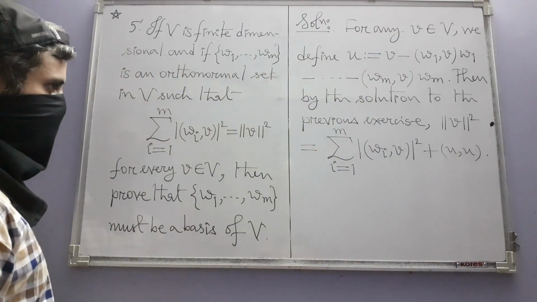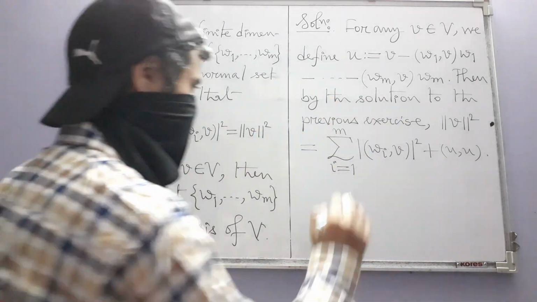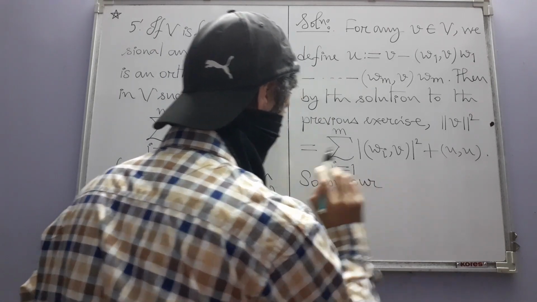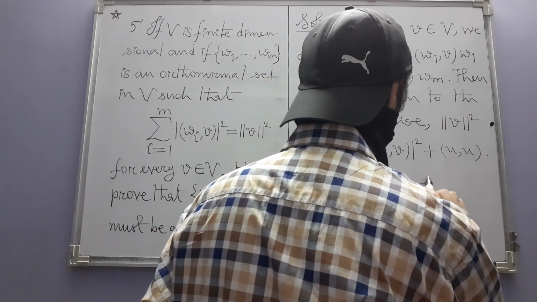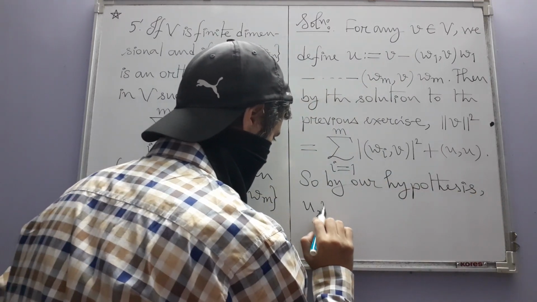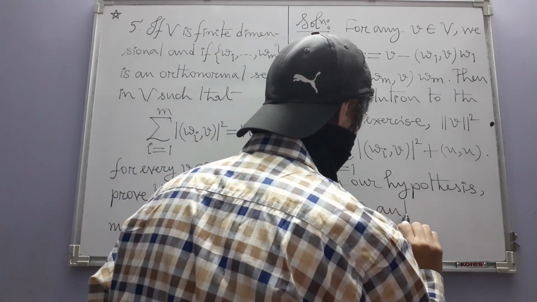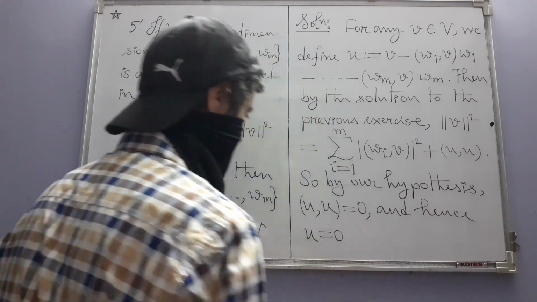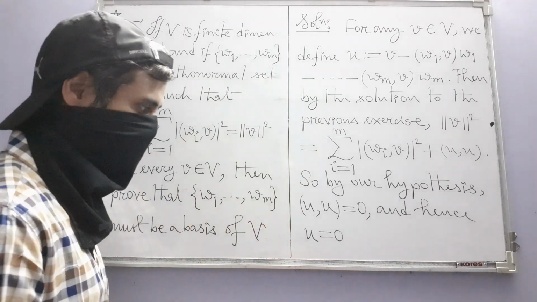But now what is given? It's given that this thing is equal to the square of the norm of V. So by our hypothesis, that is this part, the inner product of u with itself is 0, and hence u itself must be equal to 0 from the axioms that we have in the definition of an inner product.